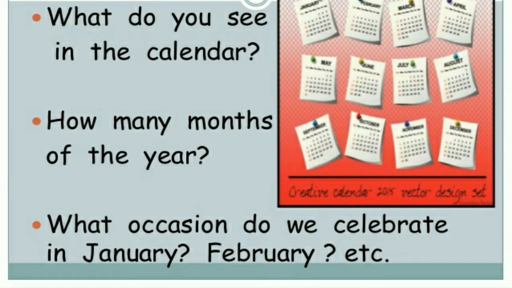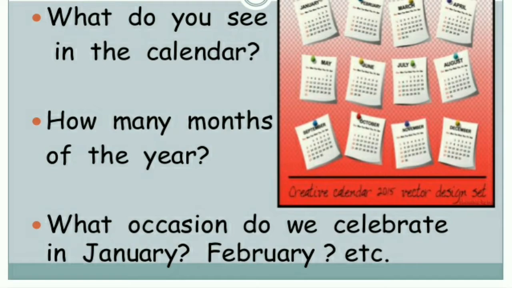Yes, here we can see 12 months. And how many months are there in a year? There are 12 months in the year. And what occasion do we celebrate in January, February, etc.?